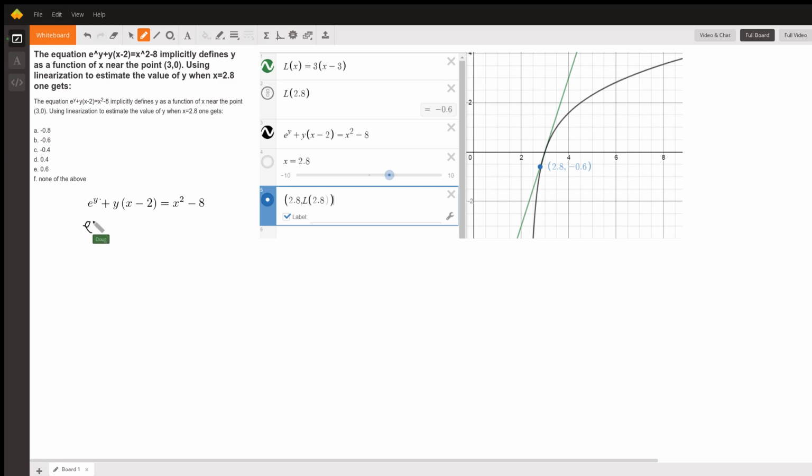So with respect to x, the derivative of this first term is e^y times y prime. That's the chain rule. For the second term, we have to use the product rule.